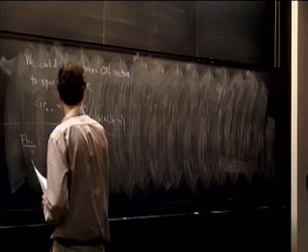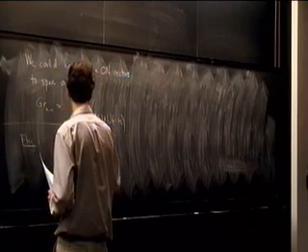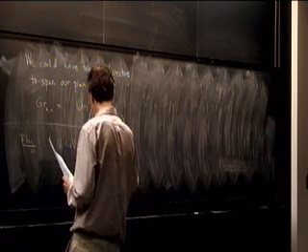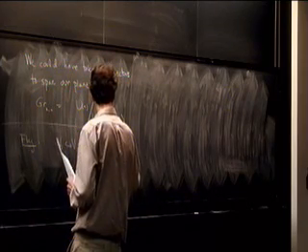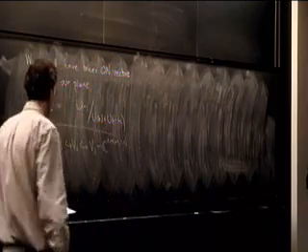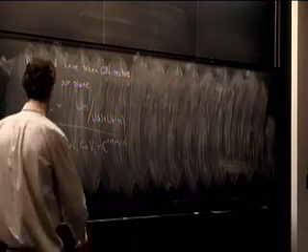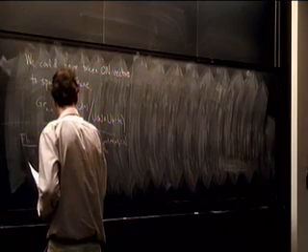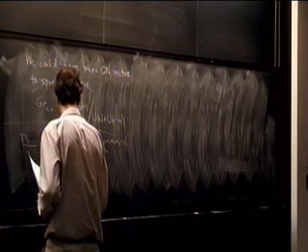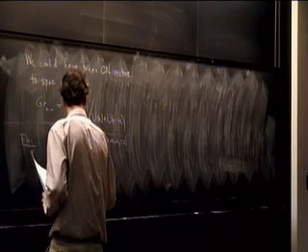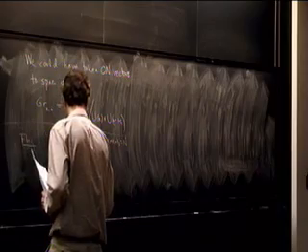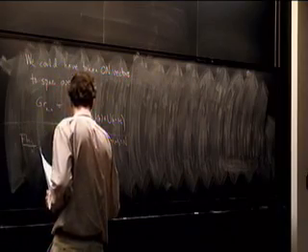A flag is a sequence of subspaces. Here, let me do a two-step flag, where the dimension of V1 is say k1, the dimension of V2 is k1 plus k2, and then the dimension of the total space, V3, is k1 plus k2 plus k3.